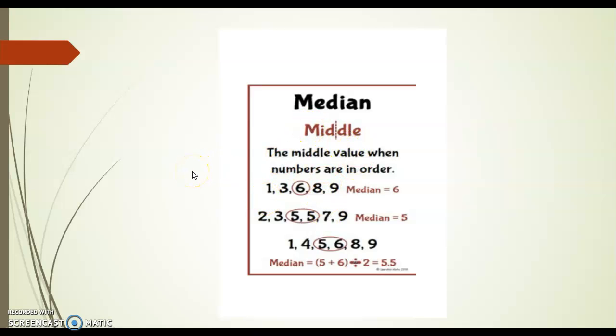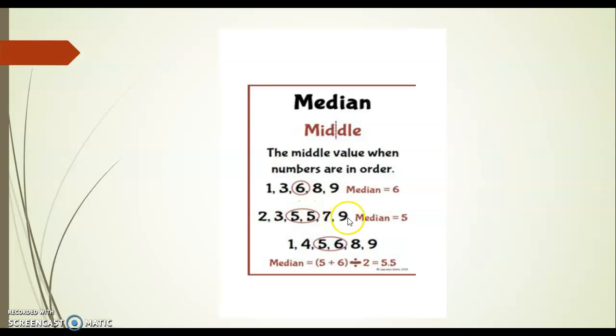To me, the easiest way that has always worked for me is you cross out one in the front, you cross out one in the back. You cross out one in the front, you cross out one in the back until you have a number that is alone, that there is no one to cross out with. Whatever number you get, that is your median. So here, median would be 6.